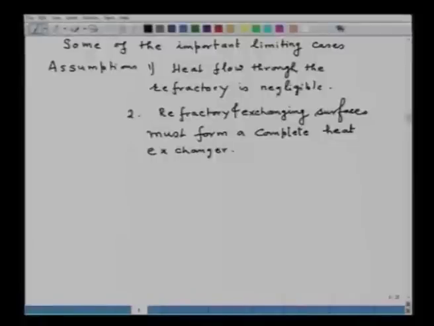For example, let us consider this is one surface A1 and this is another surface A2.